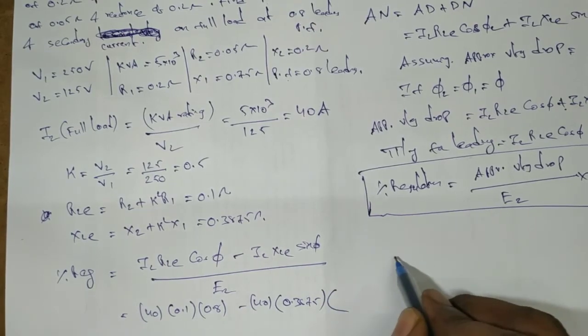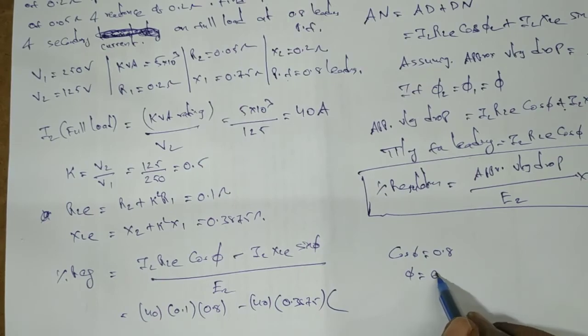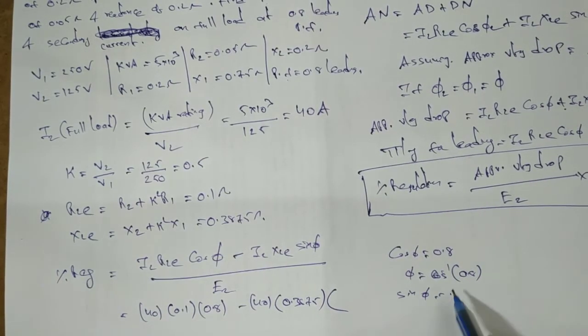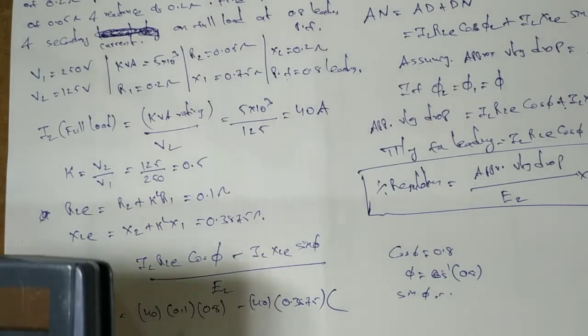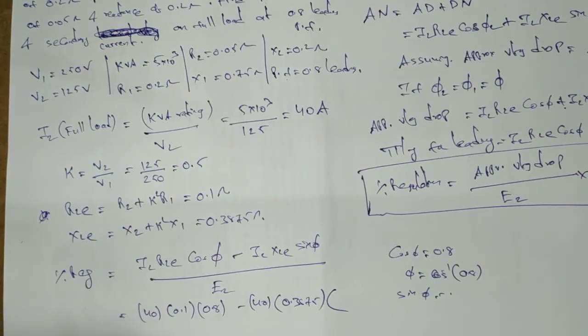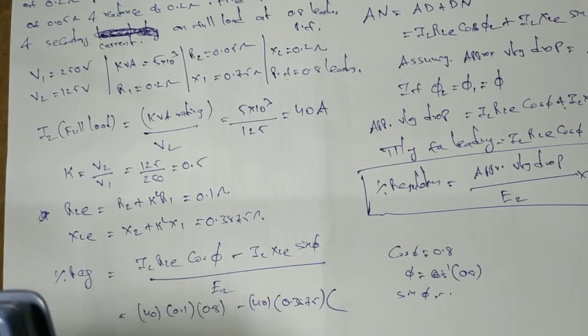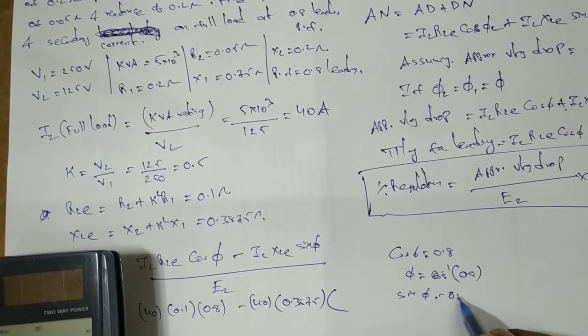For finding sin phi, cos phi is given as 0.8. From this you calculate the phi value, cos inverse of 0.8, and then substitute phi in sin phi. Using a calculator, the sine of phi will be equal to 0.6.